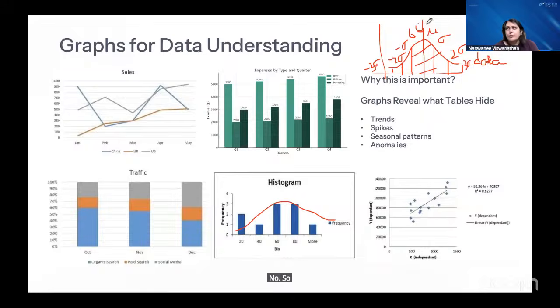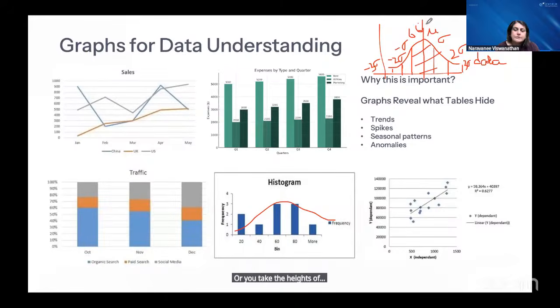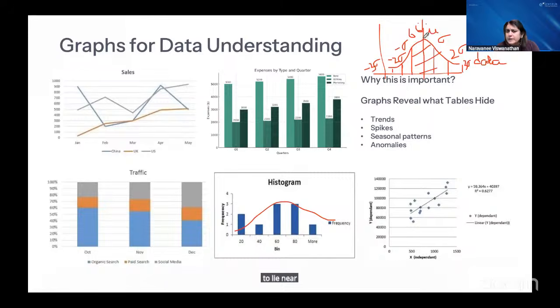No. So what happens is, in nature, if you take the marks that people in a class get, or you take the heights of people in a particular area or in a country, you find that the data automatically is going to look like this. Most of the people will have their heights or marks or weight or whatever lie near the mean. Nearly 66% of the population will lie very close to the average, or the mean.